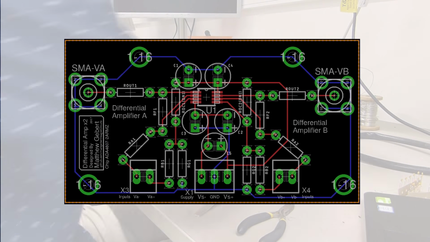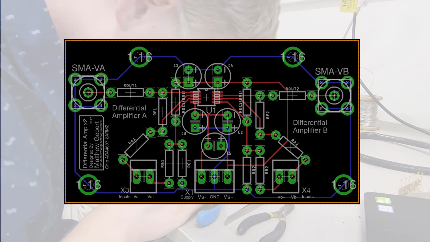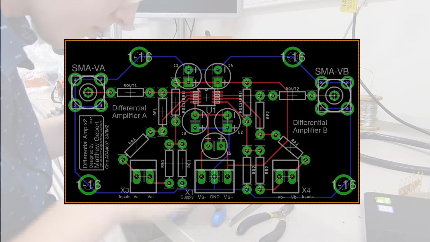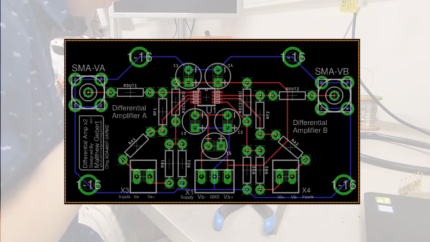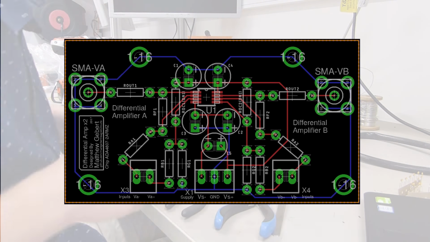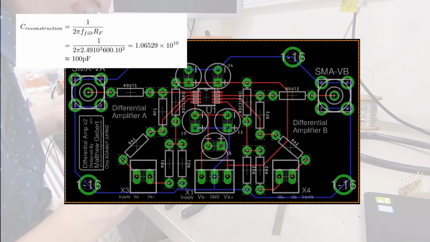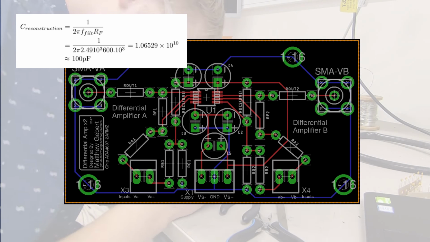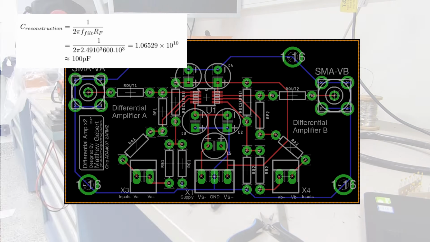During routing, care was taken to make sure pathing was as linear or as rounded as it could be. Bypass capacitors were also added onto the power rails to filter out common mode errors or surges. Although not included in this design, reconstruction capacitors were also put in parallel across RF1 and RF2. This serves the purpose of acting as a low-pass filter for any ultra-high frequencies that we shouldn't be expecting from the outputs.